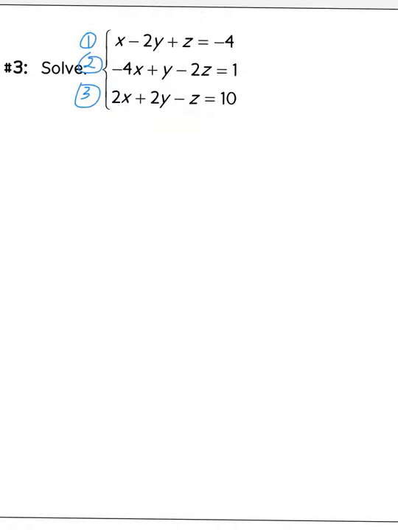So let's watch what happens when I put together equation 1 and 3. Okay, so I am going to not do anything to equation 1. And I'm not going to do anything to equation 3.